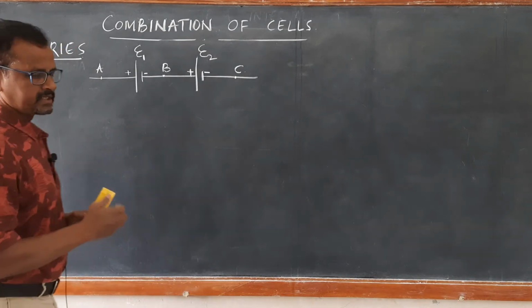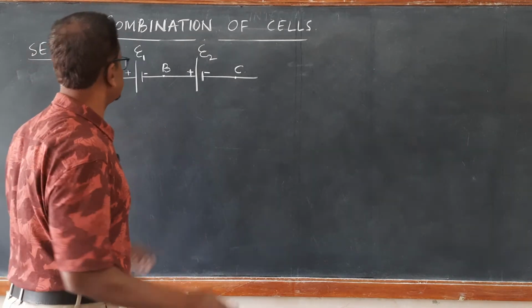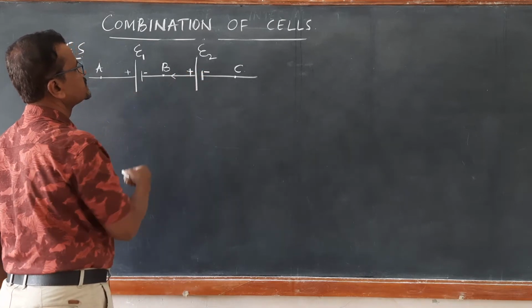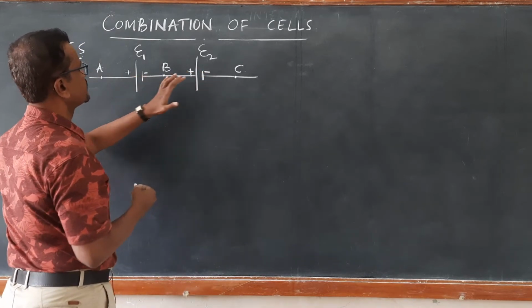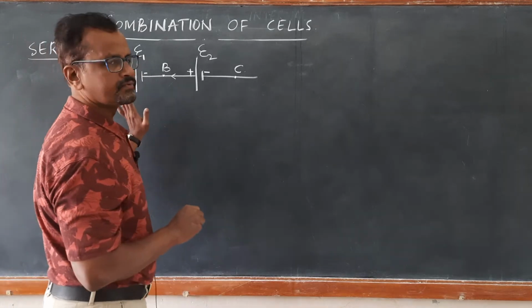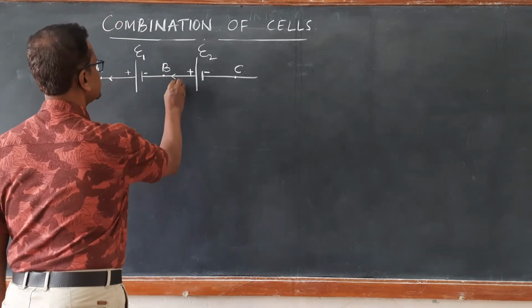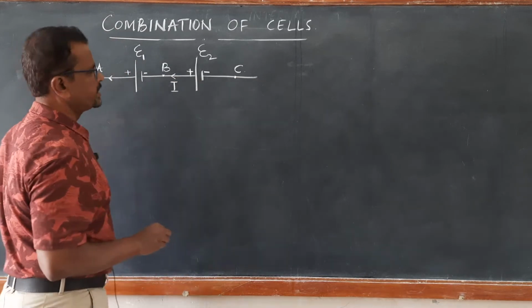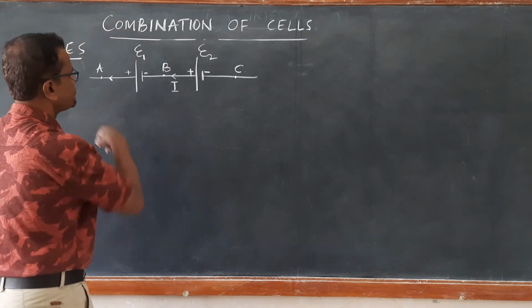Series combination of cells. So in this case, the current that is emerging out of E2 is from the positive terminal and the current that is emerging out of E1 is also from the positive terminal. So this is how the common current flows from C to A, right?